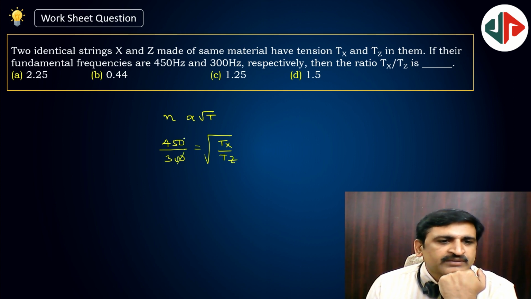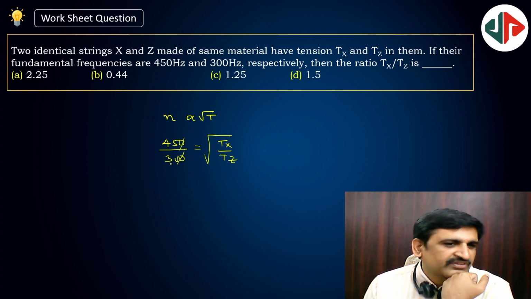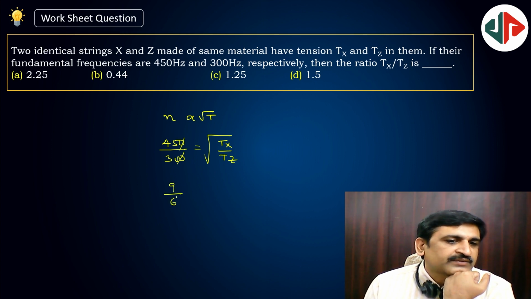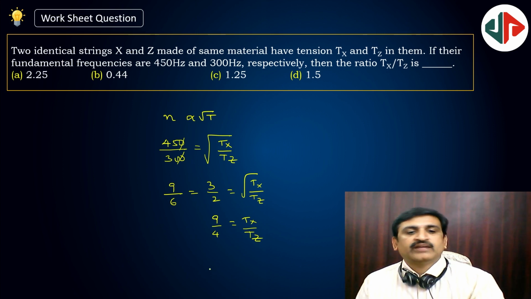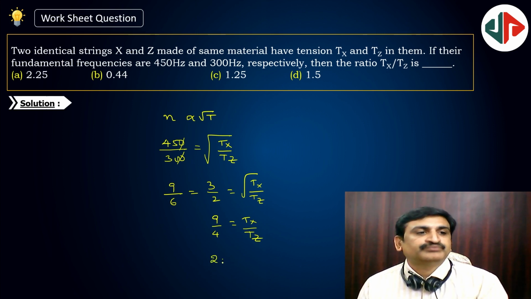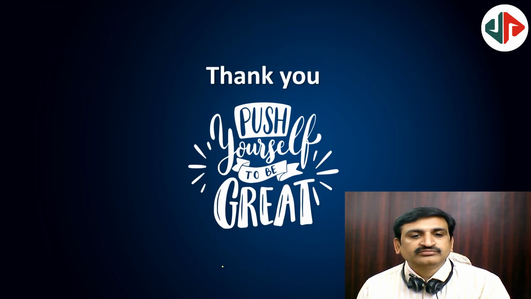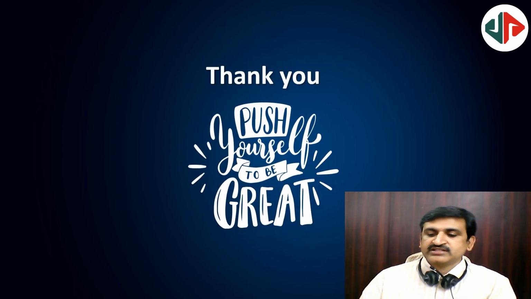Simplifying, 3 by 2 is equal to root Tx by Tz. So squaring, 9 by 4 is equal to Tx by Tz. So 9 by 4 means 2.25.